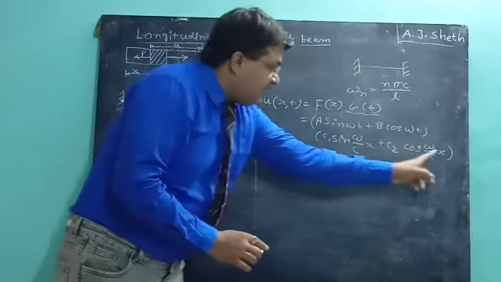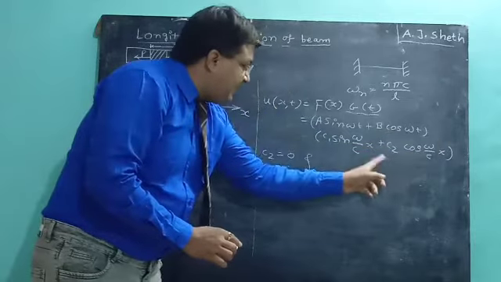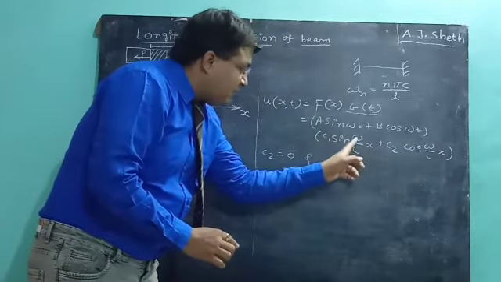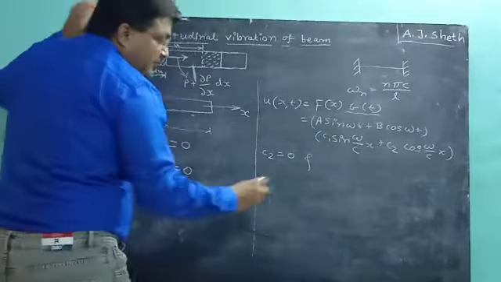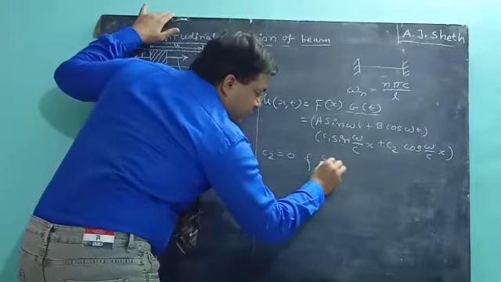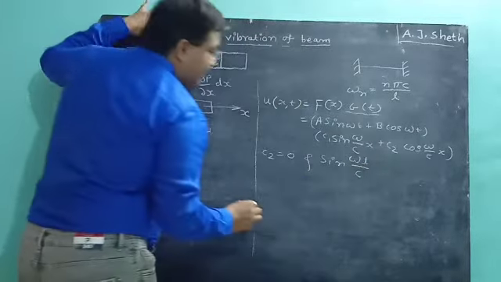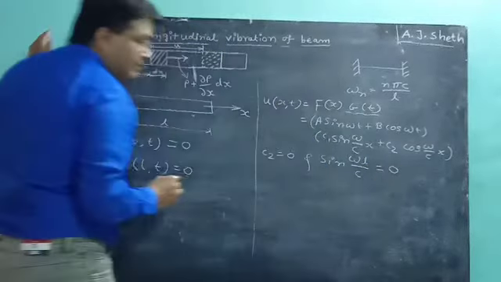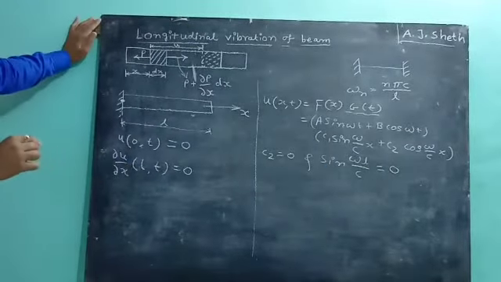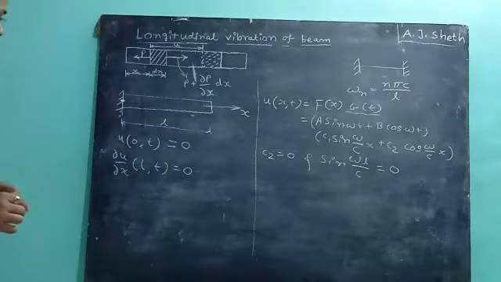C2 is 0, so the second term is nullified, so c1 sin omega L by c is equal to 0. Clear?